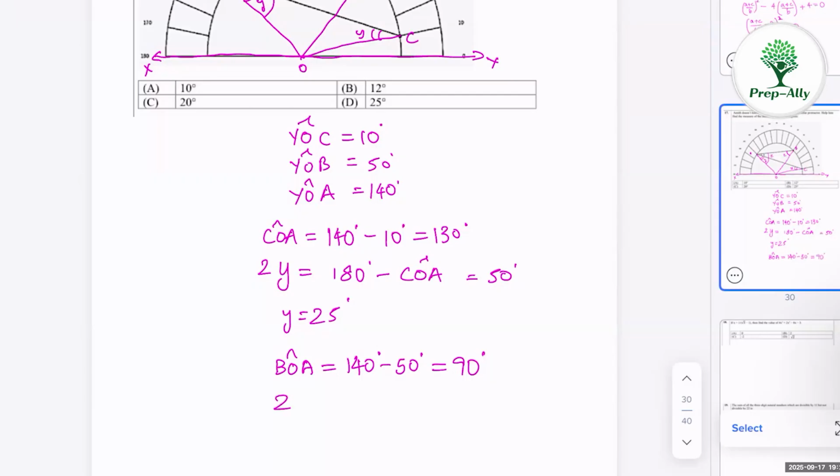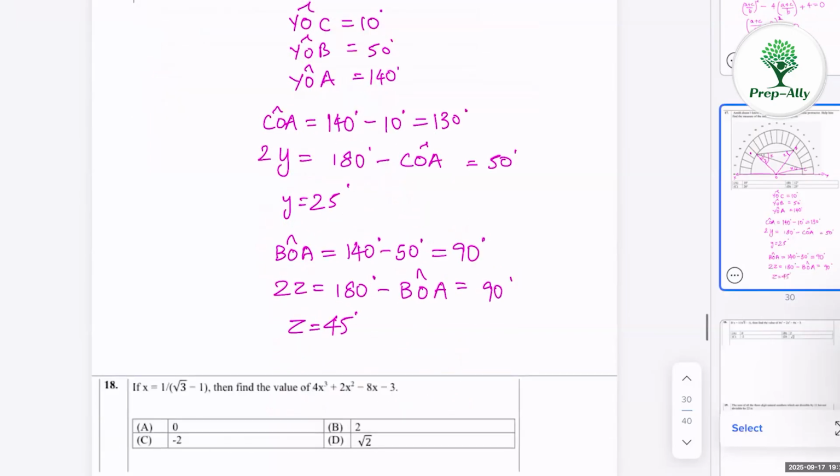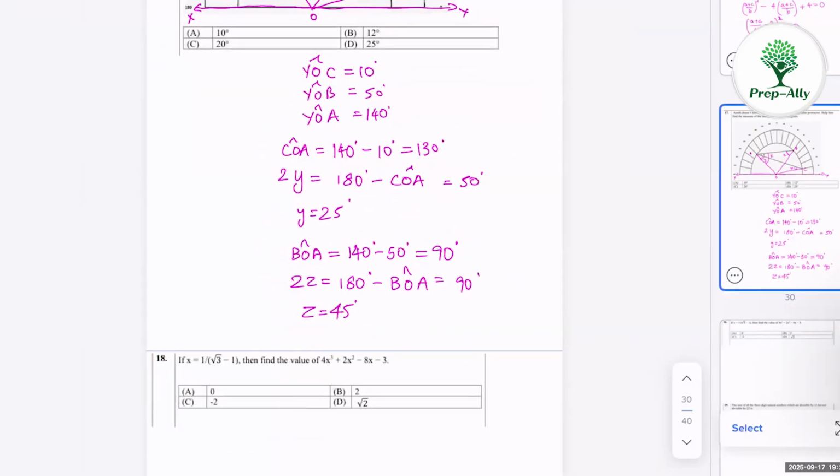And similarly, 2z equals 180 degrees minus BOA, which is equal to 90 degrees. So z is equal to 45 degrees. What do we need to find? We need to find x, this angle here, which is nothing but z minus y, which is 45 minus 25, equal to 20. So the answer to this question is option C, 20 degrees.